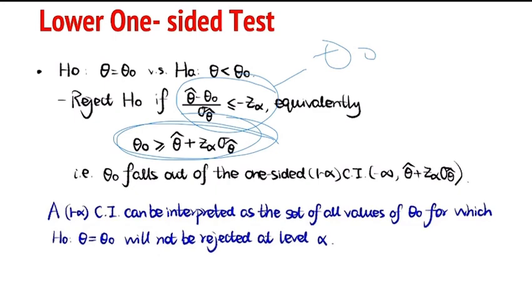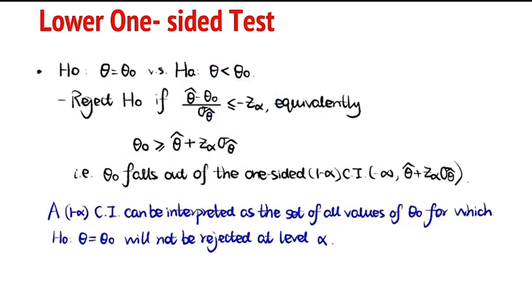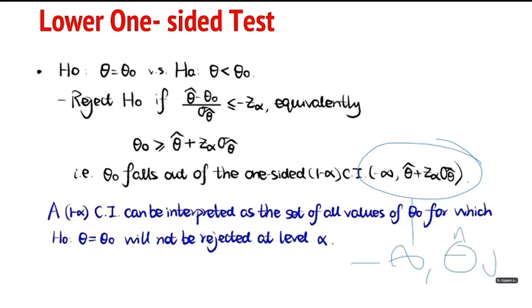Now what are you going to use here? You're going to use the upper one-sided confidence interval, which goes from this value to theta cap upper, which is this here. Take a look at that.